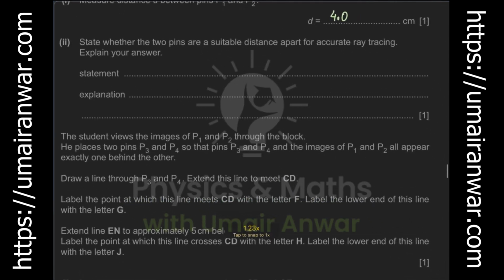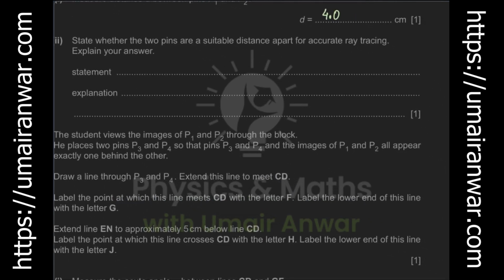State whether the two pins are a suitable distance apart for accurate ray tracing. Explain your answer. No, they are not. We know that for the ray tracing diagrams, the minimum distance should be 5 centimeters between the two pins.